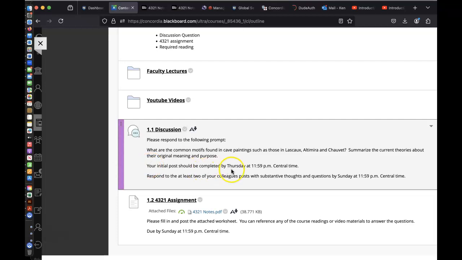Now, the way the discussion question works is that by Thursday of each week, you need to have posted your response to the discussion question. And by Sunday at midnight, you need to respond to 2 of your colleagues' posts with substantive thoughts and questions. If you don't have those other 2 posts, that's 40% of your discussion grade.